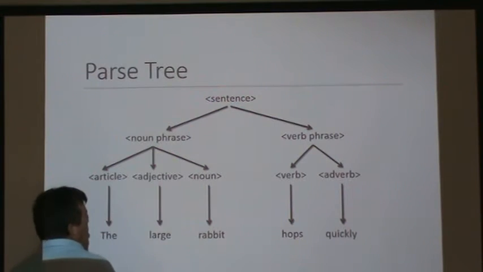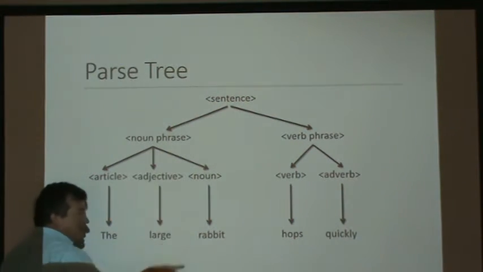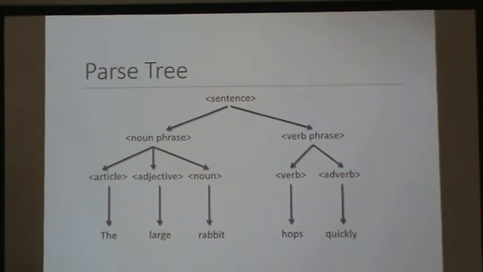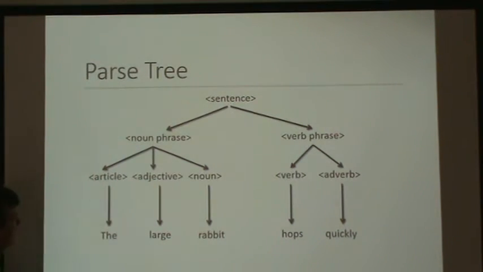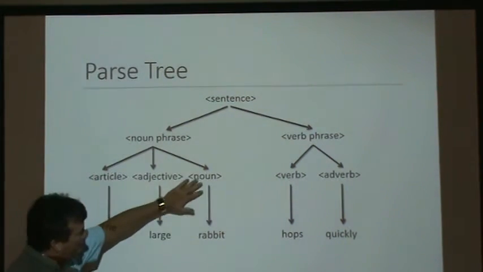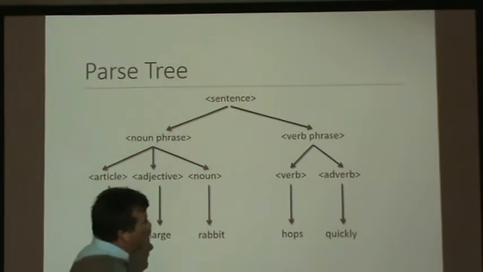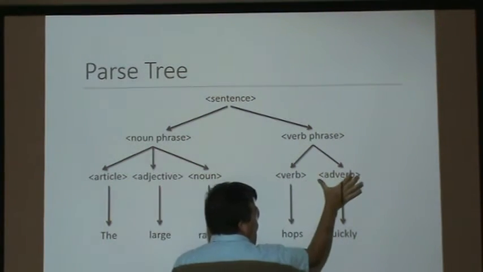Articles are optional. Adjectives could be actually a list of them, right? You could have the big, the large, hungry rabbit, you could go on and on. You could have actually an endless list of them. But here we're saying you must have one article, and you must have one adjective, and you must have one noun.